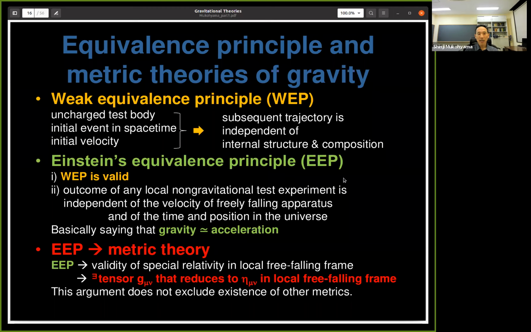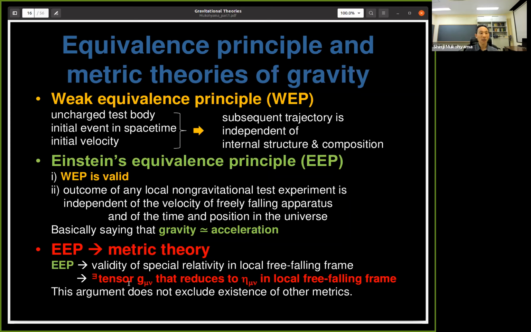If we assume this, then we should have a metric, because the Einstein equivalence principle tells us that special relativity in a local free-falling frame should be valid. So there should be the Minkowski metric, eta mu nu. But the eta mu nu should be a tensor, so that if we go to other coordinates, the eta mu nu change values, but still eta mu nu is related to the corresponding tensor.